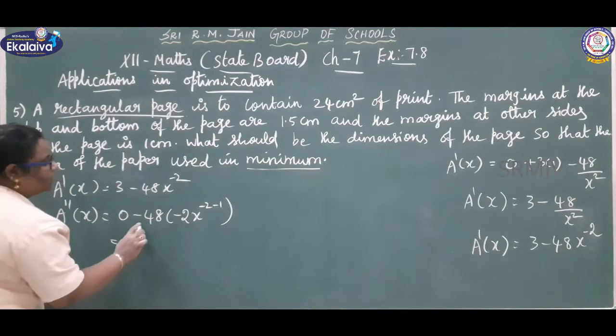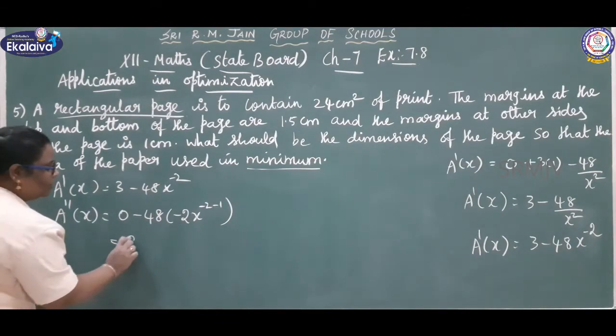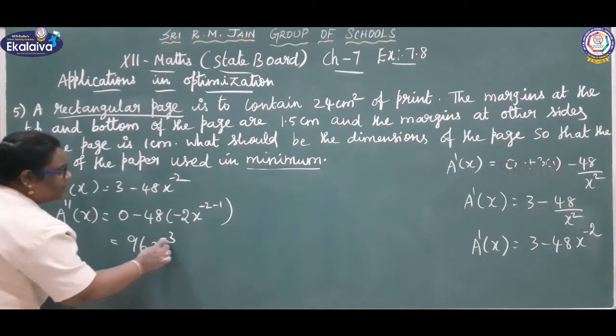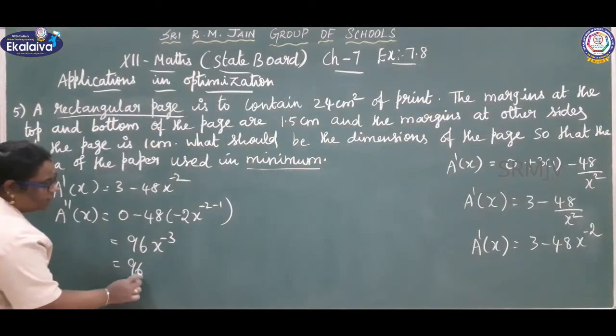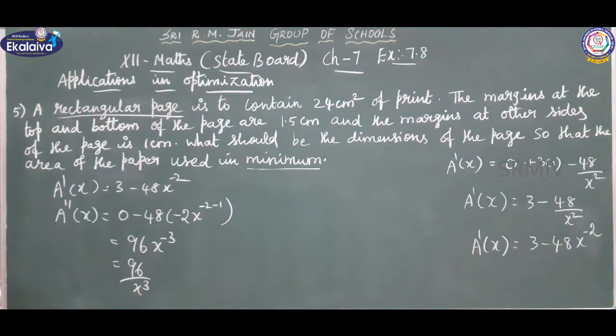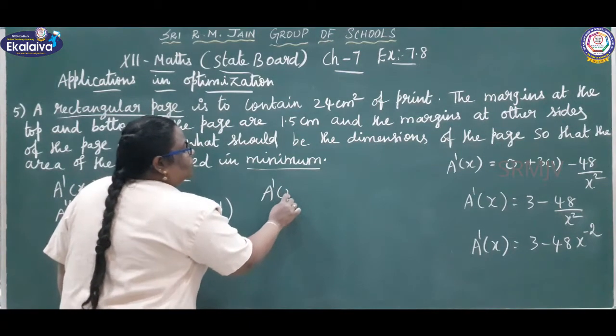So minus into minus becomes 48 into 2, 96 x power minus 3, which is 96 by x cube. A double dash of x is 96 by x cube.